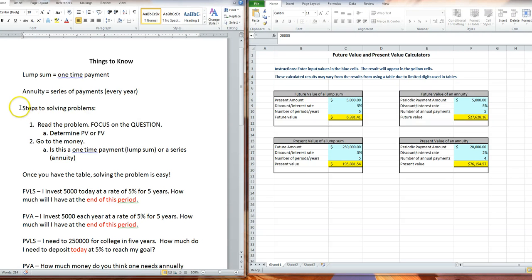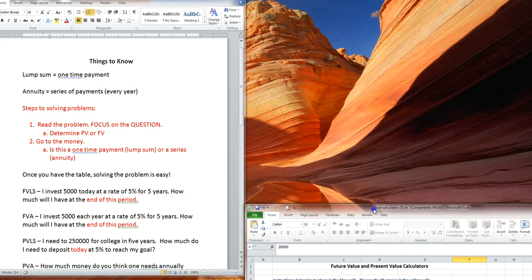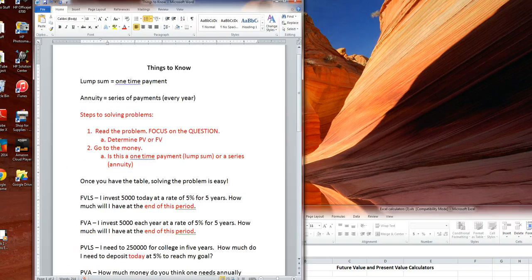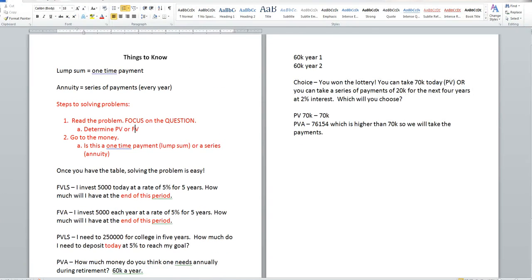Now, I really want you to pay attention to this right here. I'm going to highlight it in red. This is how I think you should go about solving the problems, not only on your homework and the book problems, but also on the quiz that you're going to have next week. So let's see if my solution here will work by going with some sample problems.